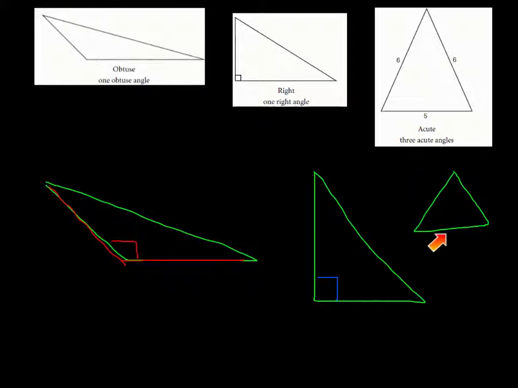Now this one down here doesn't look exactly like the one up top, but we can see that all three of these are acute angles. And once again, we can check with our box if we want to. Oh, that doesn't create a square. Oh, that didn't work very well.